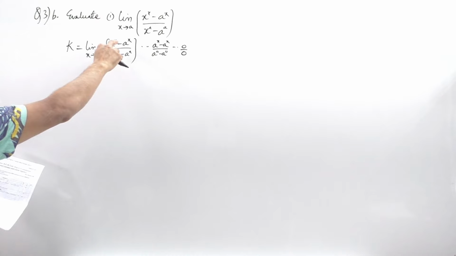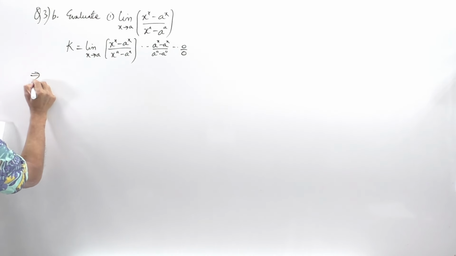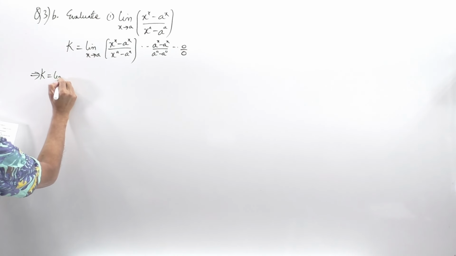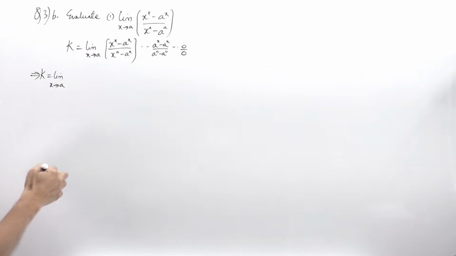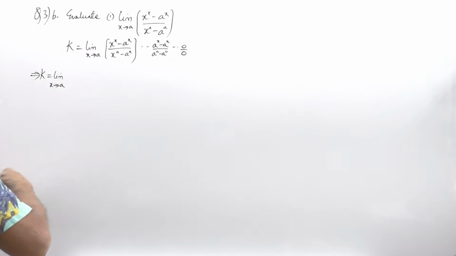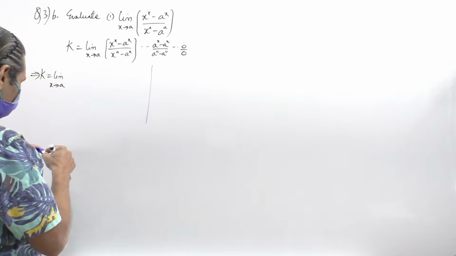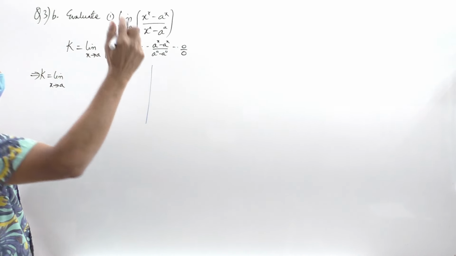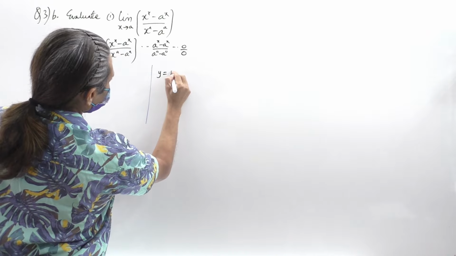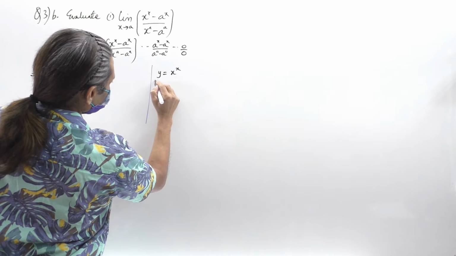Okay, so that implies we have k equal to the limit as x tends to a. So the differentiation of x raised to x, how do you do it? I'll do it separately here and then put it in. Let's say x raised to x is in power form. So I'll take y equal to x raised to x. Apply log on both sides.